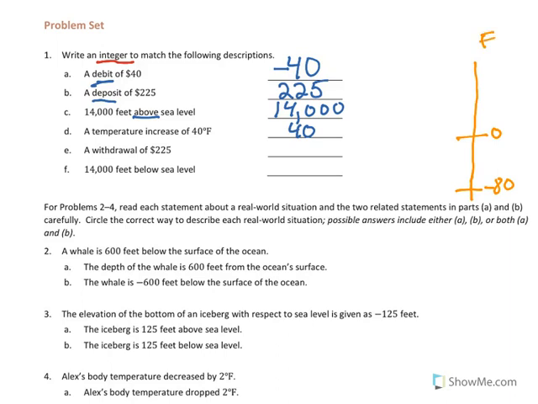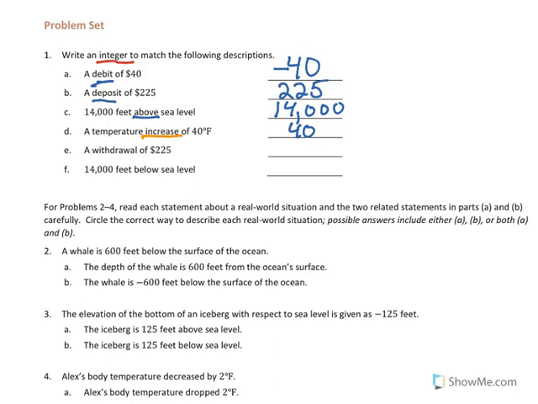If I had an increase of 40 degrees, I didn't increase it to 40, but if I had an increase of 40 degrees, that would mean I'm heading up here, and the way I'm going is positive. I'm heading up towards the positive. Even though I would end up still at negative 40 degrees, the way I'm moving to get there is towards positive. So that's why this is called positive 40 degrees, because of the word increase, not because of where it might be on the line. Okay, that's going to come into play in the future, so I want you to make sure you understand that.